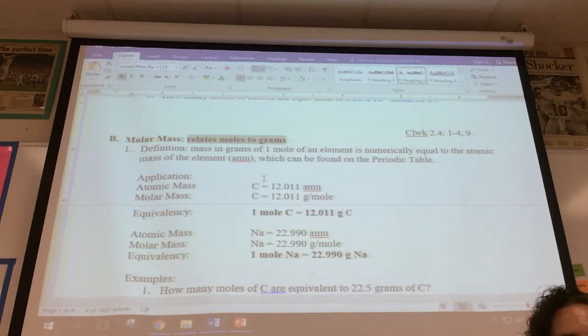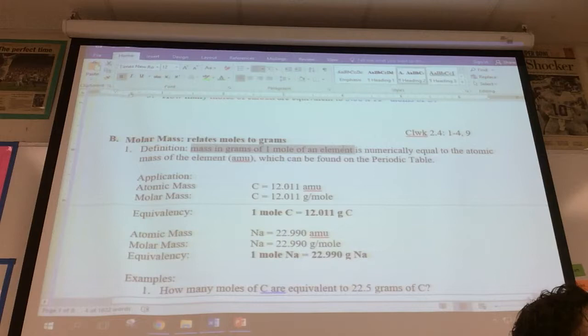You want to be able to relate different substances together, which you do through the mole. So there has to be a way to relate mass in grams to moles. Molar mass is defined as the mass in grams of 1 mole of an element, being numerically equal to the atomic mass of the element, which of course can be found on the periodic table.